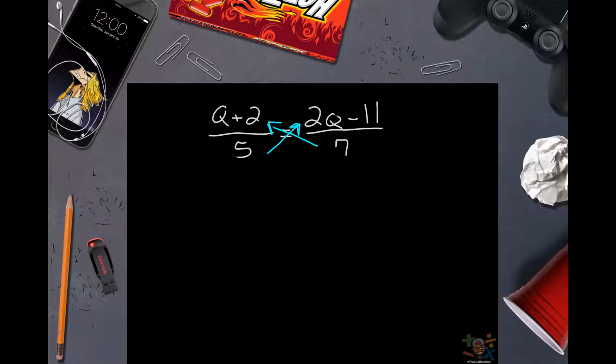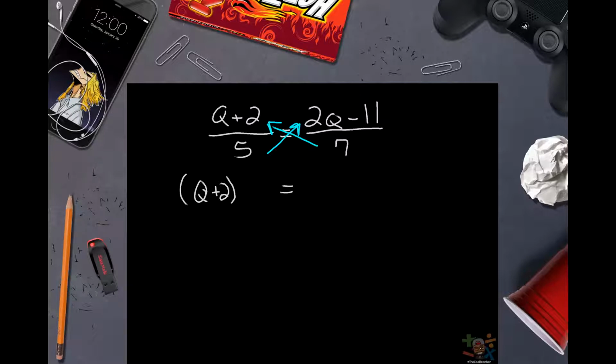When I do that, I'm going to show you what it's going to look like when I multiply. I'm going to drop my equal sign just so I know how much space I have. I have Q plus 2. Well, hold on.